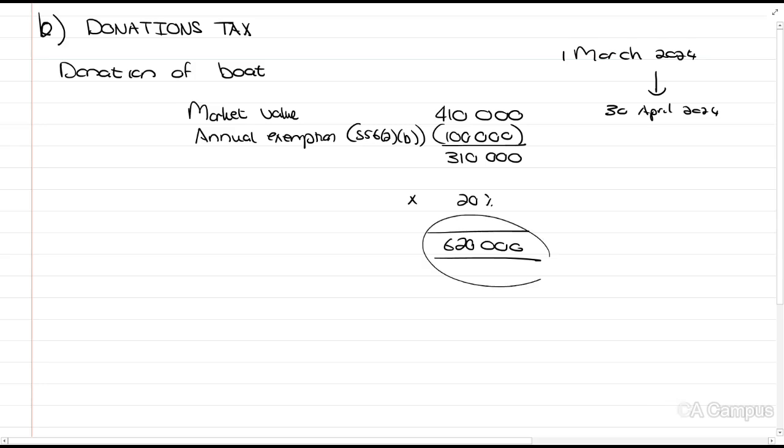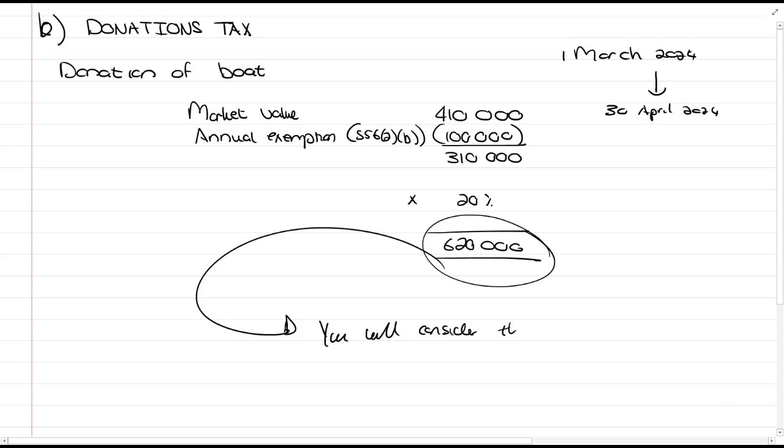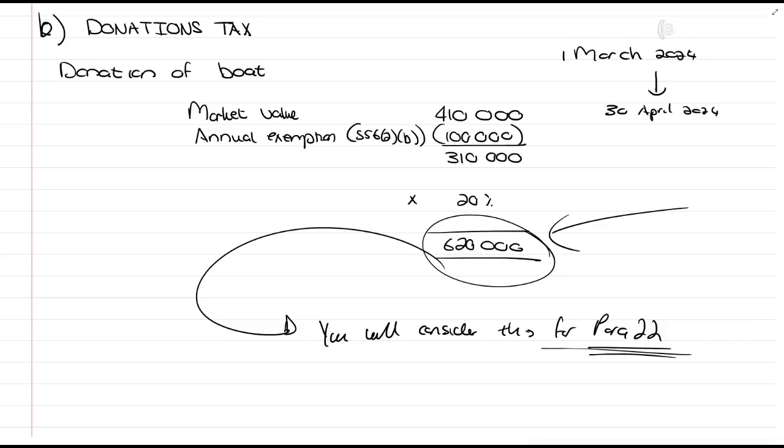Okay, now I'm just going to make this comment here. You will consider this for paragraph 22. So when you dispose of this asset, because she's liable to pay it, she should consider or calculate paragraph 22, which we'll look at in a bit.